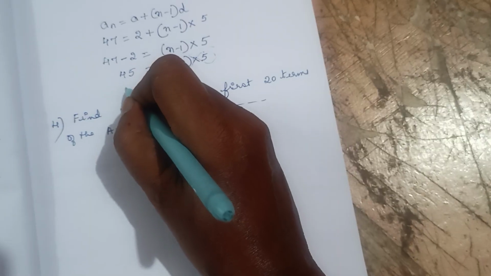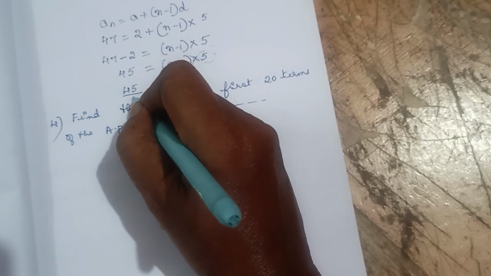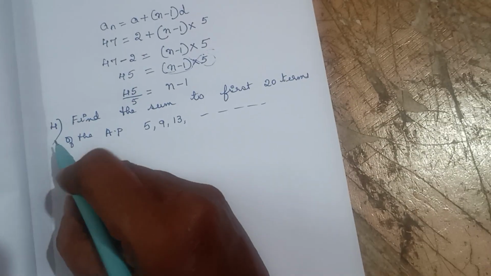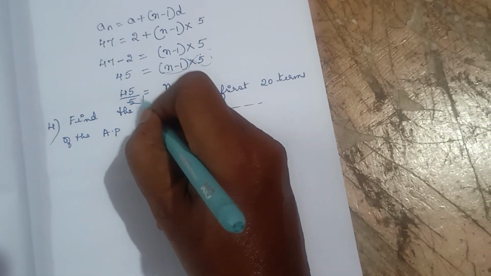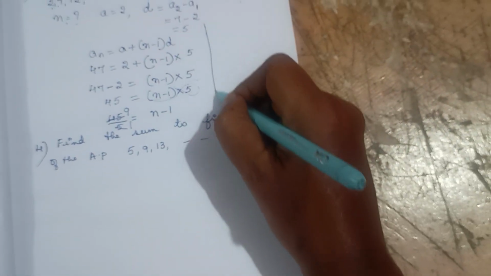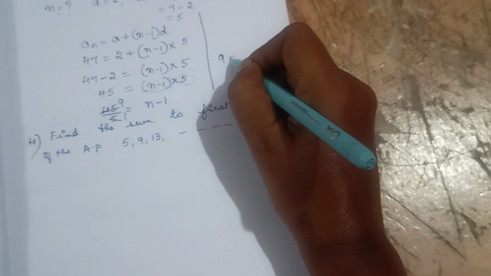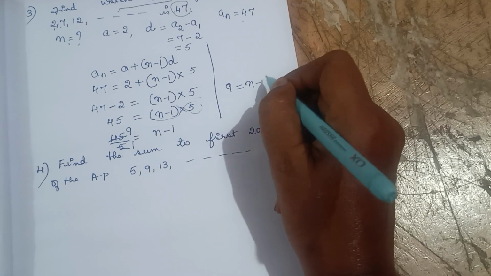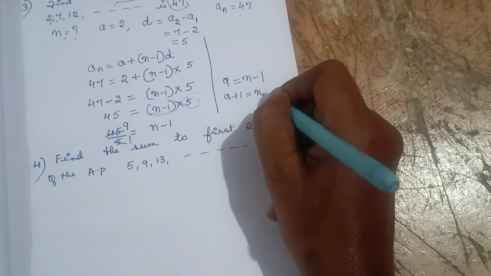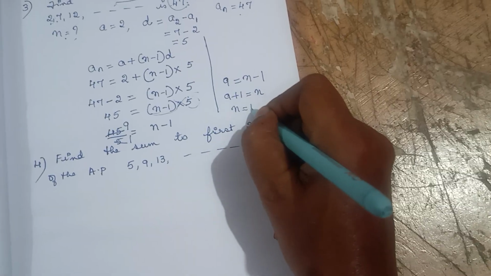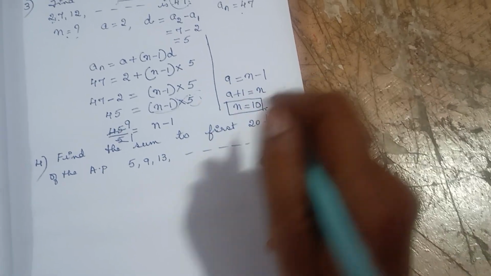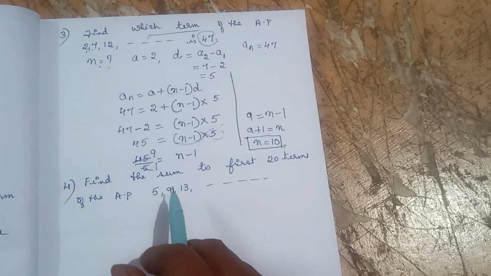So 5 goes to the denominator of 45. 45 divided by 5 equals n minus 1. 5 nines are 45. So we can further write it as 9 equals n minus 1. So 9 plus 1 equals n, or we can say n is equal to 10. So 47 is the 10th term of this AP.